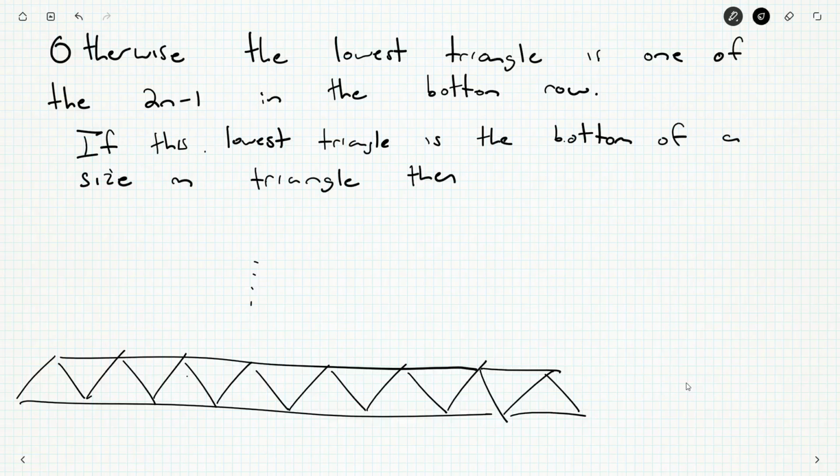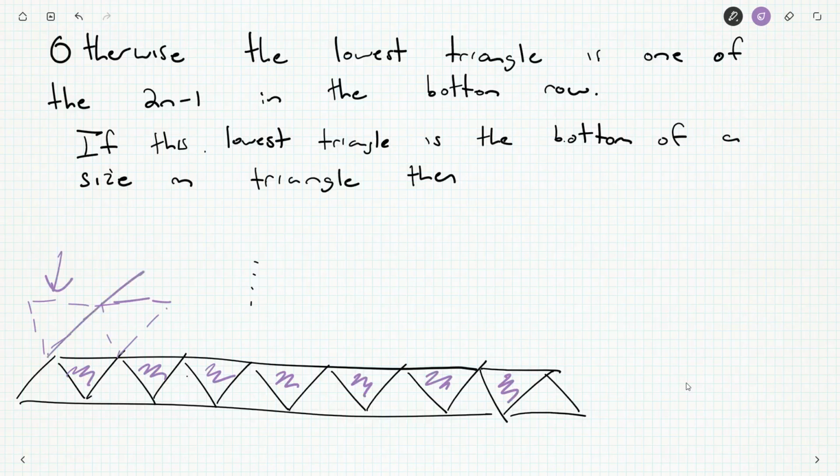then, so I can't put, so not all of these bottom triangles here in purple, just to explain what I'm doing, could be bottoms for size 2 triangles. For example, these ones over here on the corners can't be because we're outside the whole triangle.